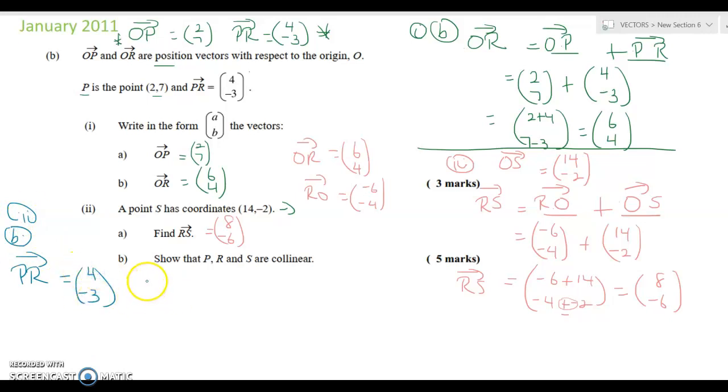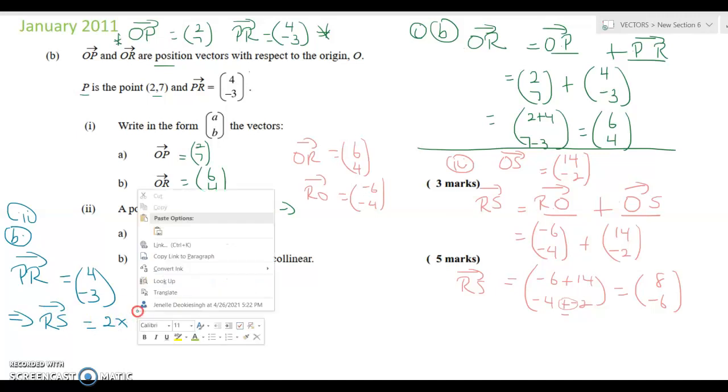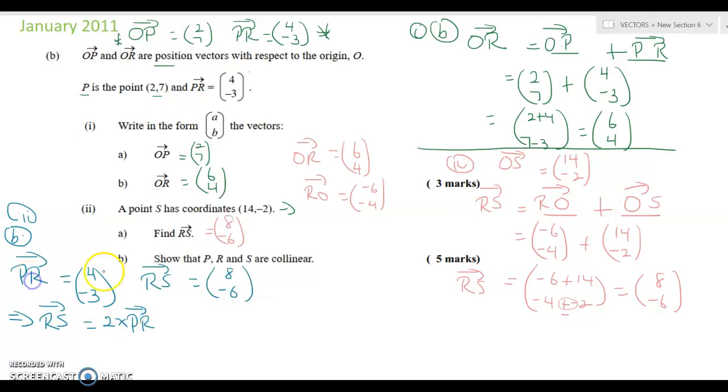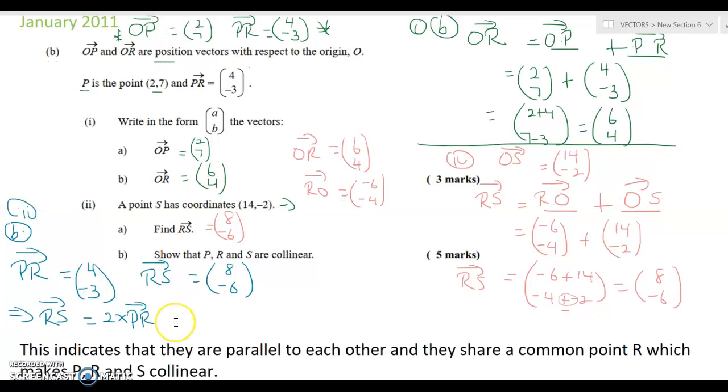And we have RS, which is (8, -6). So basically the relationship is that vector RS is actually 2 times PR. Because if I take PR and multiply by 2, 4 by 2 is 8, -3 by 2 is -6, right?